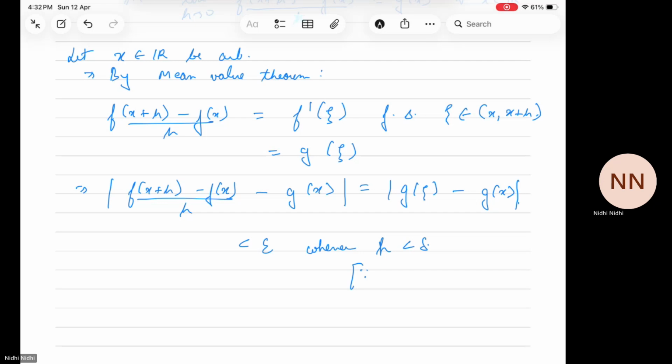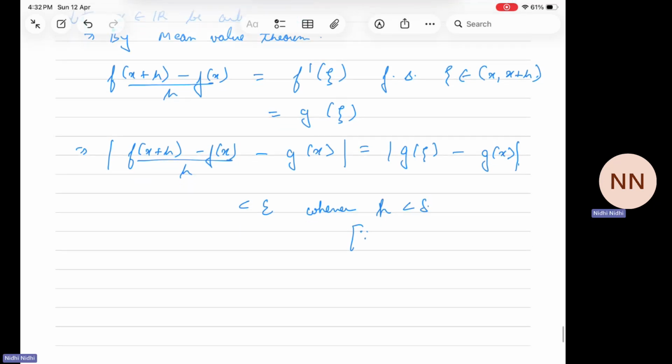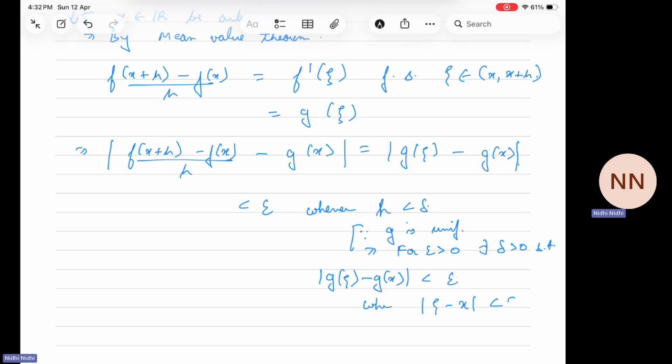This will come from the uniform continuity of g, because g is an element in V and V is the collection of all bounded uniformly continuous functions. Since g is uniformly continuous, for epsilon positive there exists delta positive such that mod g xi minus g x will be less than epsilon whenever mod xi minus x is less than delta.